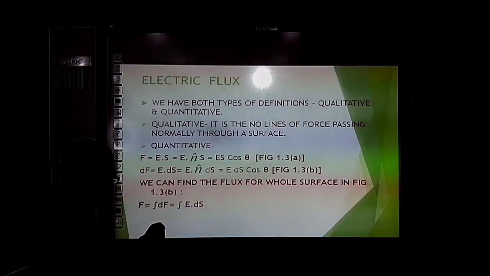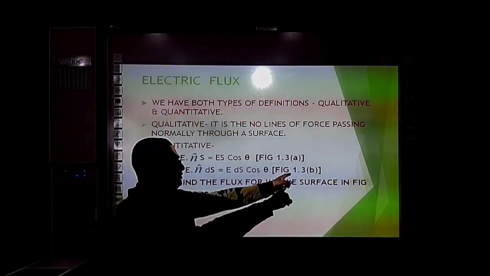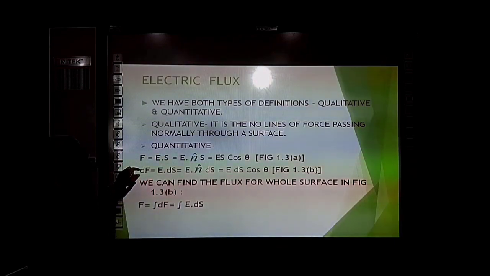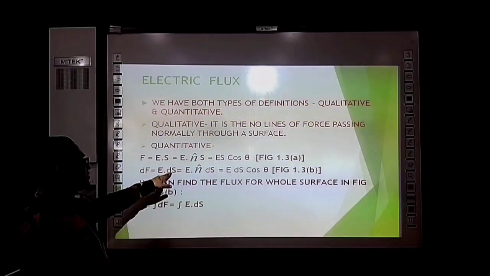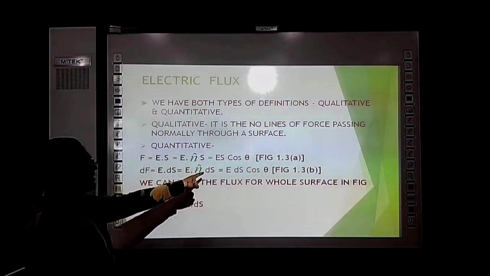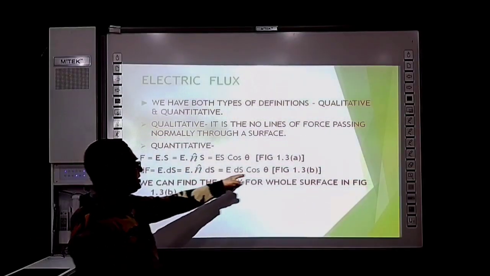And for a small area, corresponding to figure 1.3b, we have the flux dΦ, since we are choosing a small area dS, so the flux is also dΦ, and in that case E dot dS, in the same way we define this, E dS cos theta.